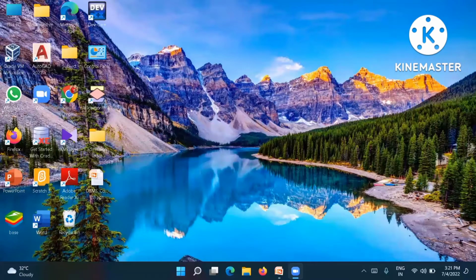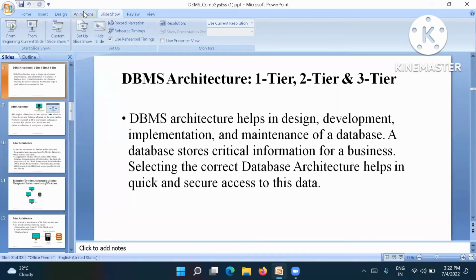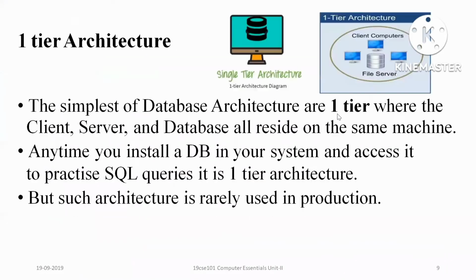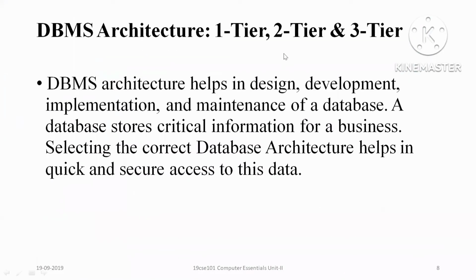Now let's see about DBMS architecture. What is meant by DBMS architecture? DBMS architecture shows how data in the database is seen, or we can say viewed, by the user, and helps in design, development, implementation, and maintenance of the database.